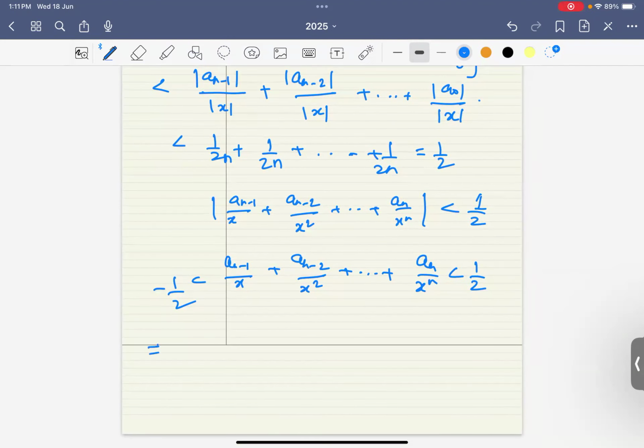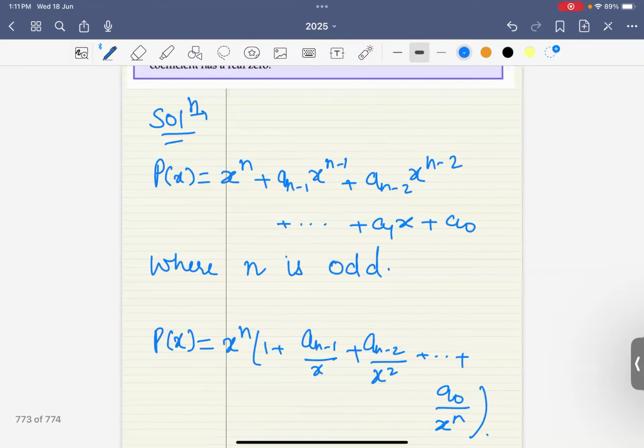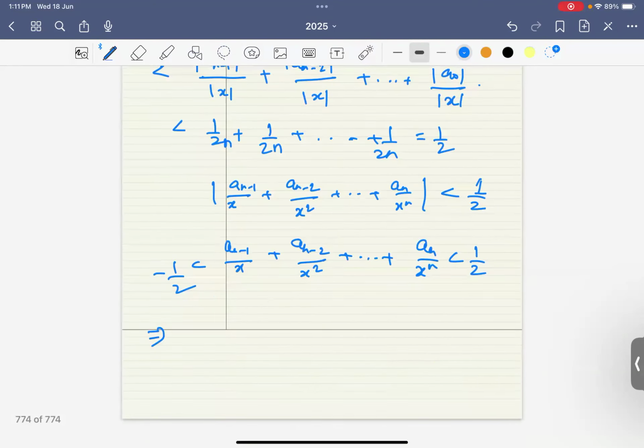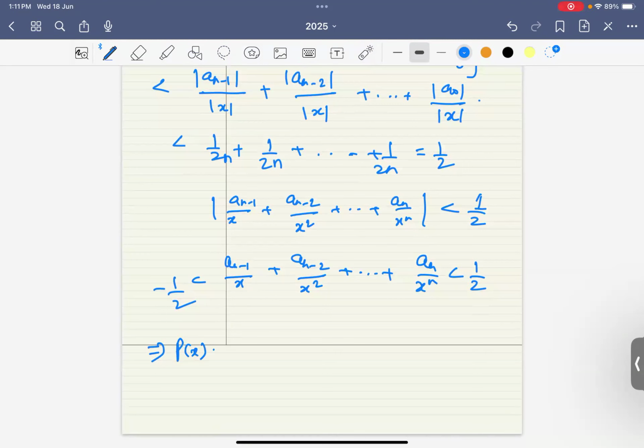Which essentially means that the number p of x, remember p of x was something like this, x to the n times 1 plus a_{n-1} by x, and so on.